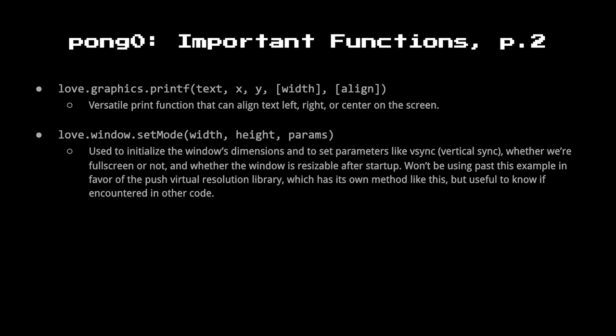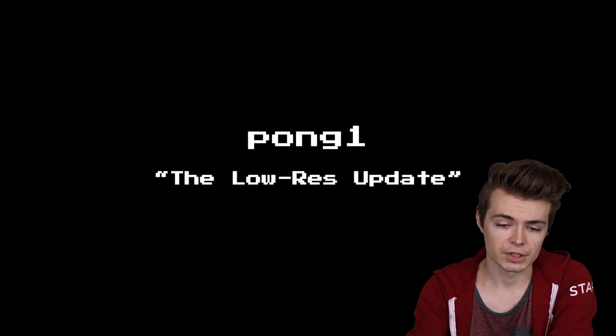Now, a couple of functions that are a little bit less foundational but are important to this iteration are love.graphics.printf, which is similar to print, but is, like C's printf, customizable in as much as you can choose a few different ways to style your text, centering it, right aligning it, and so on. And love.window.setMode is how we can get past just having a square window to having something a little bit more along the lines of modern screens, a 16:9 aspect ratio.